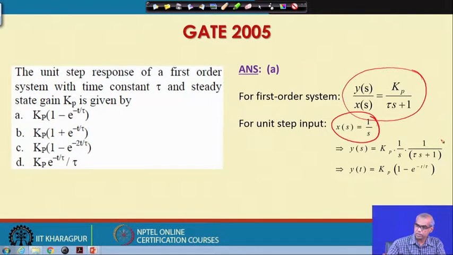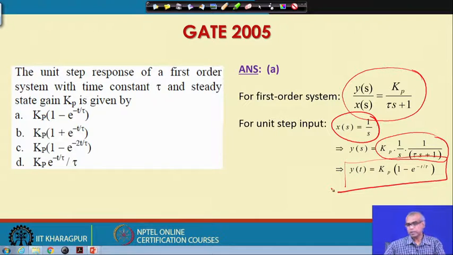So, you can write y s as this, and if you take inverse Laplace transformation now, you get y t equal to Kp into 1 minus e to the power minus t by tau. This is the standard expression for unit step response for a first order system. So, Kp into 1 minus e to the power minus t by tau. So, option A is the correct answer.